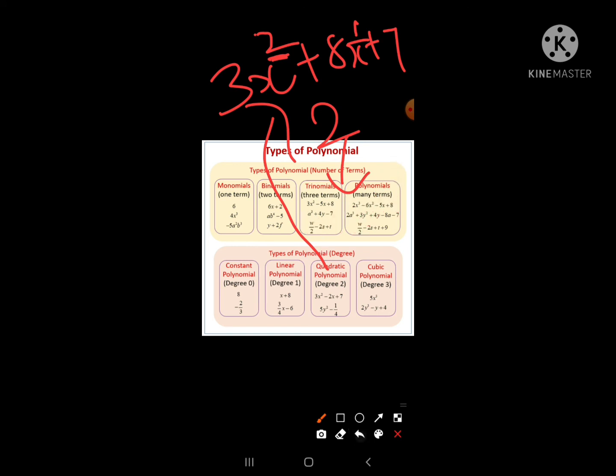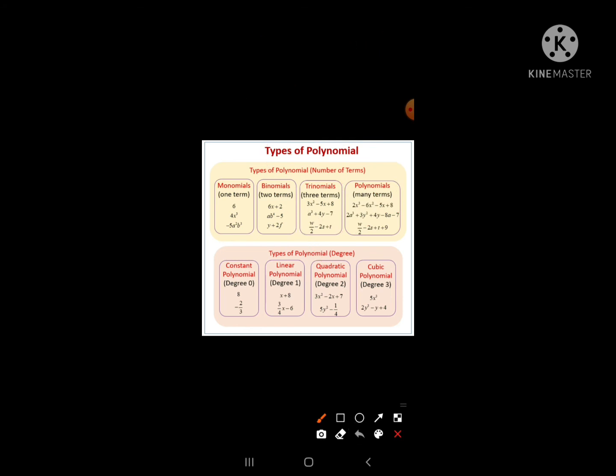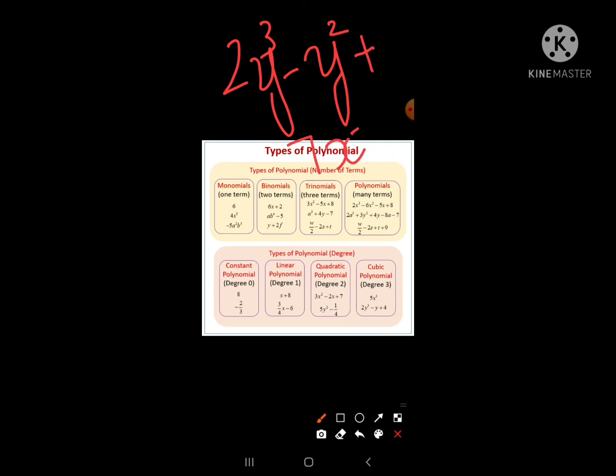Now let me give you an example from my book. This is my cubic polynomial. You can see there are 4 terms. Now you have to look for the highest degree.